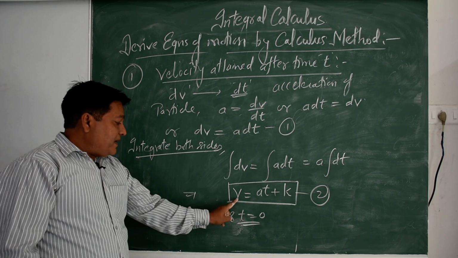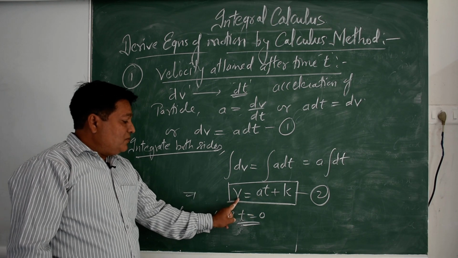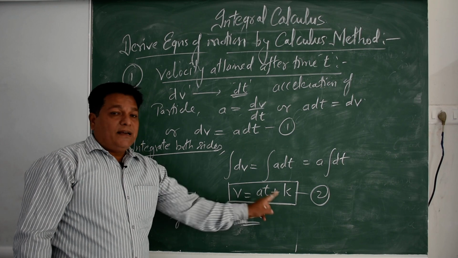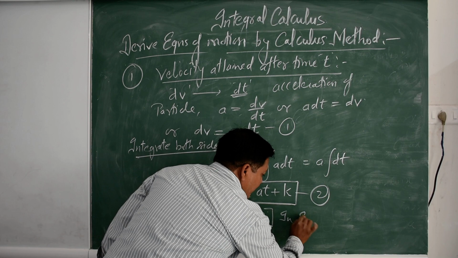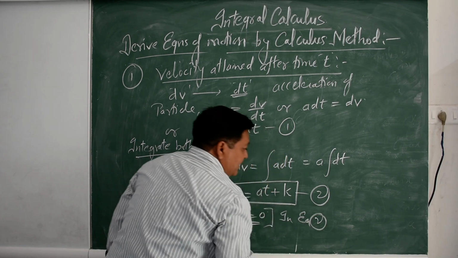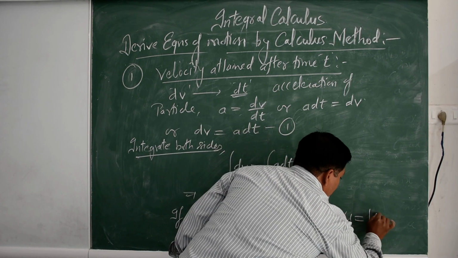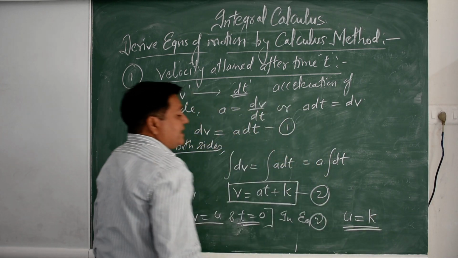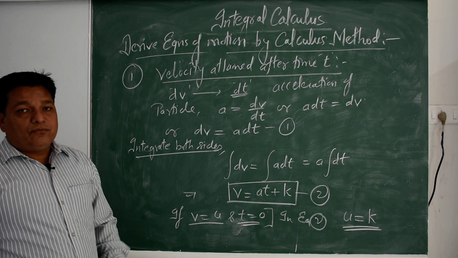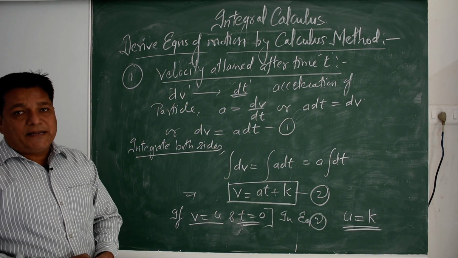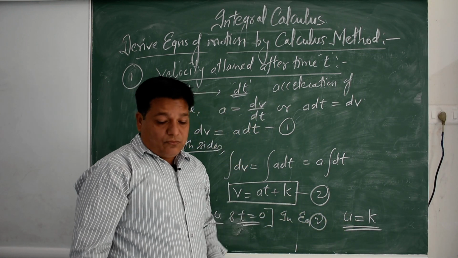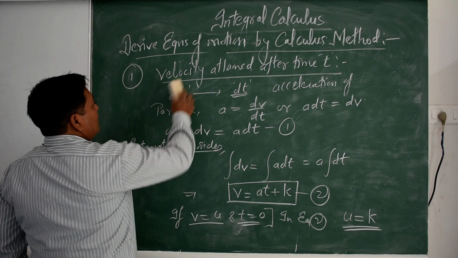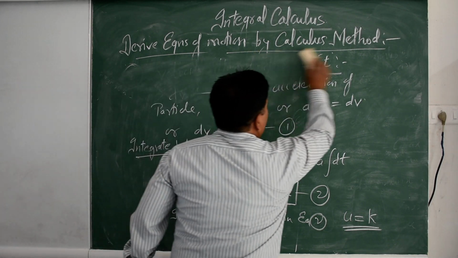In place of v, if I place u, then u is equal to 0 plus k. It means that in equation 2 we get the result u is equal to k, so the constant k is equal to u, that is the initial velocity of the particle. We place the same value of k in equation number 2.